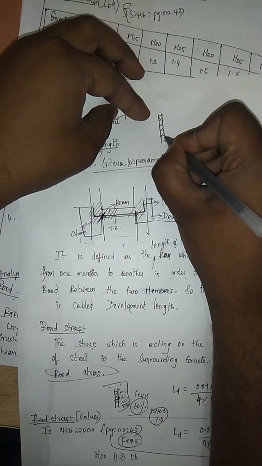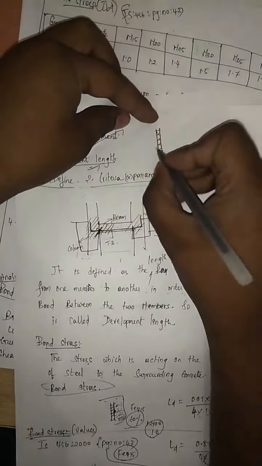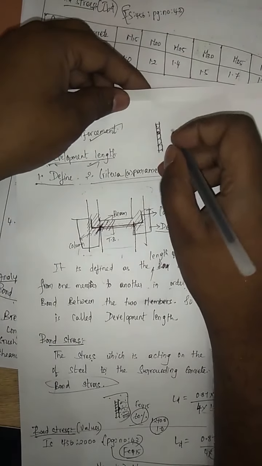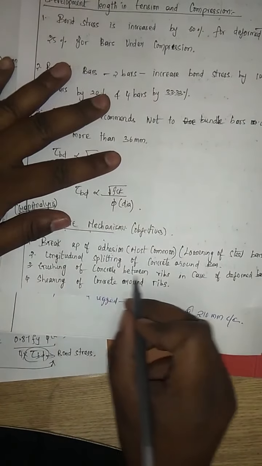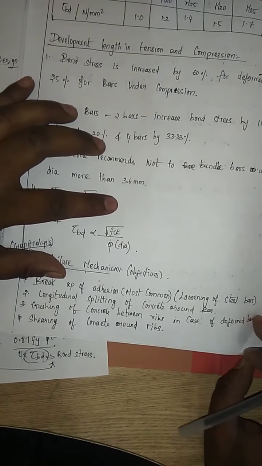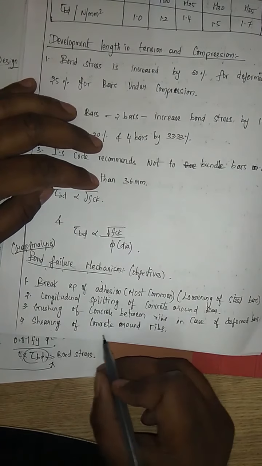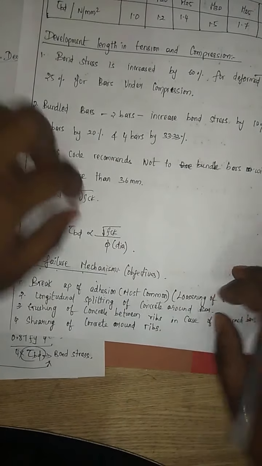The purpose of these ribs is to have more bond between the concrete and the steel. For that purpose they provide ribs around the steel bar. Fourth, shearing of concrete around ribs, that shearing is nothing but a cut, a crack in the concrete around the ribs. So these are the four bond failure mechanisms.